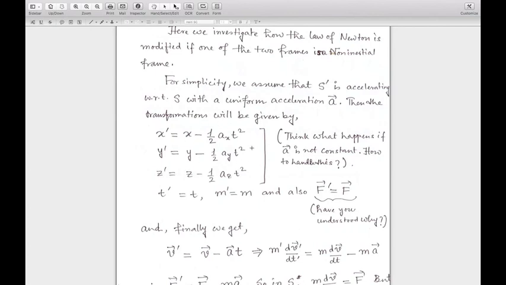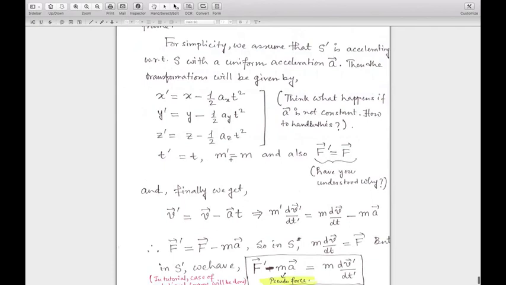Okay, you all know, right? So x prime will be x minus half a_x t squared, and a_y, a_z are all uniform, because a is a constant vector. t prime and m prime are simply equal to t and m respectively, simply because t and m are not affected by the mechanical motion of the system, and also the mechanical motion of the frames of reference.